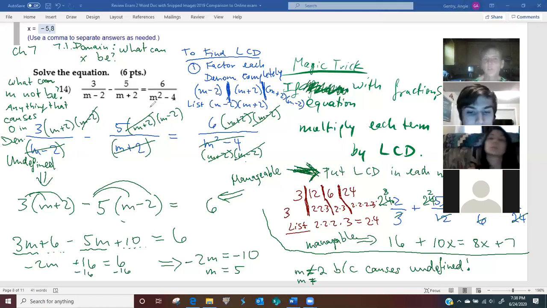Excellent. Because this will happen sometimes where you're working the problem, and I forget, I do this every semester. You need to list your restrictions. This is called list restrictions.